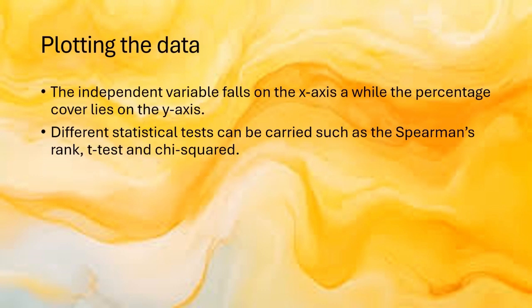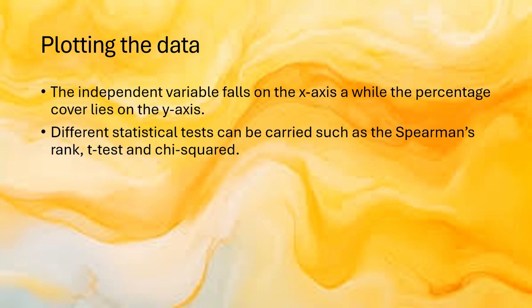Another important point is that after the practical, you would need to plot the data. The independent variable, which is usually the abiotic factor, in our example the light intensity, would fall on the x-axis because it is the independent variable.